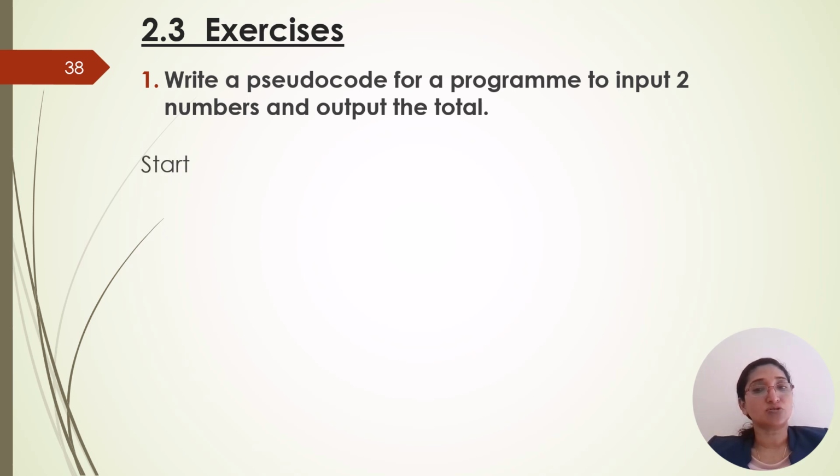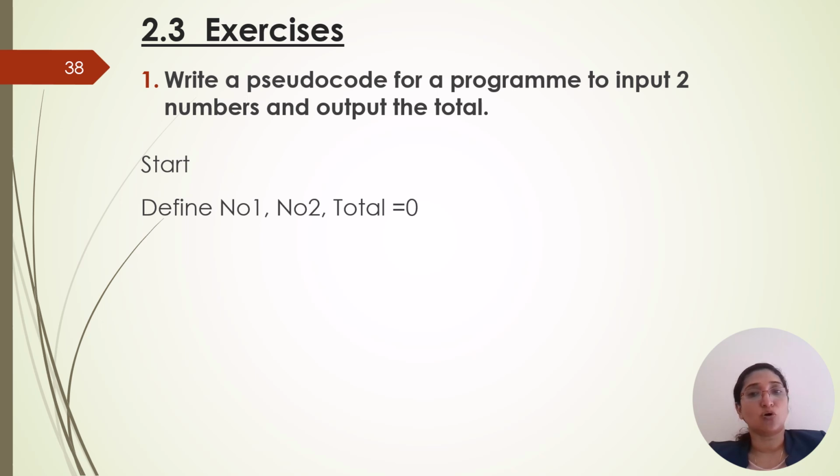So you start your pseudocode with the start statement. Defining variables is not compulsory at the pseudocode or flowchart level. But as a good practice, it's easy for you if you decide what variables you're going to use in your program.